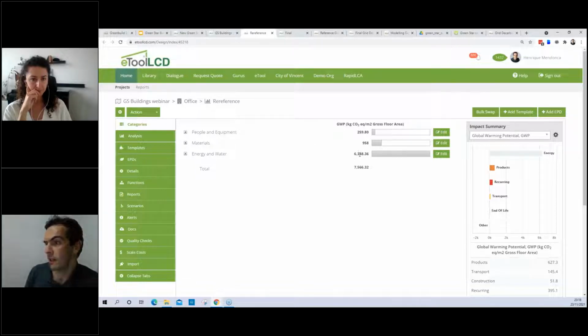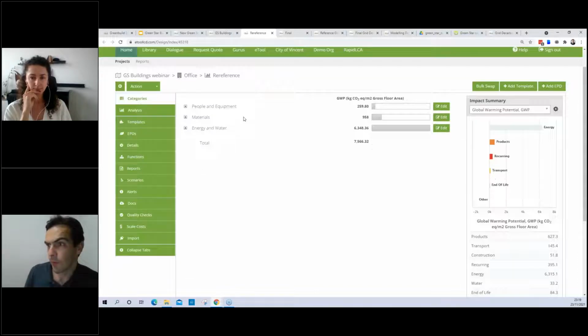And we can see that, following the Green Star requirements for energy, code compliant building fabric and energy efficiency requirements, it's usually dominated by energy. Also because we are looking at the 60-year lifespan. So this is a very common profile for a reference building.